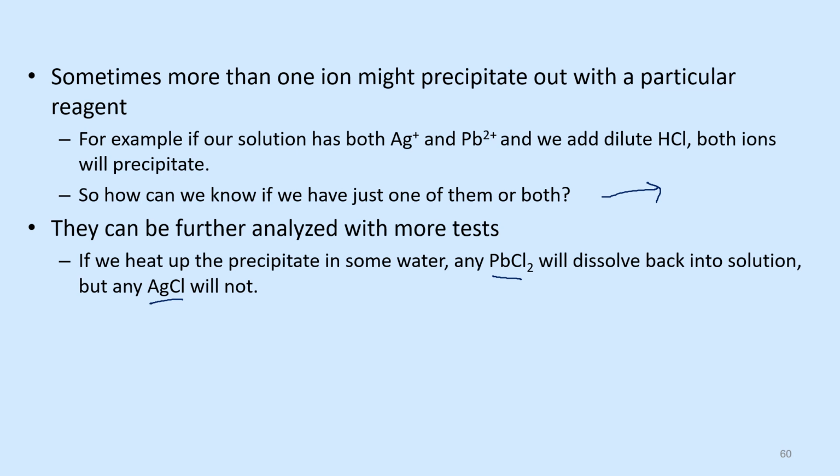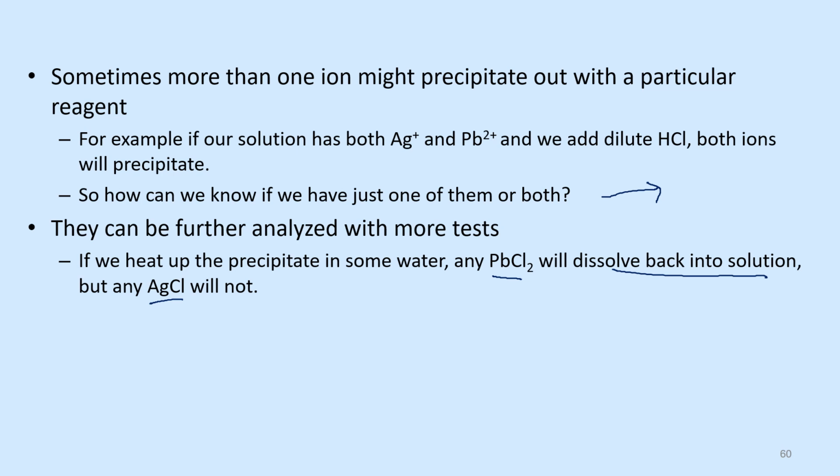What you've precipitated, of course, is lead chloride and silver chloride. If you heat it up, then any lead chloride that's in solution will dissolve back into solution. So now that everything else is gone and you heat it up, if all of your precipitate dissolves back in solution when you heat it, then that tells you that most likely there's lead in there.